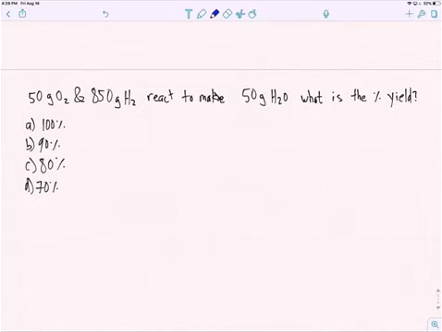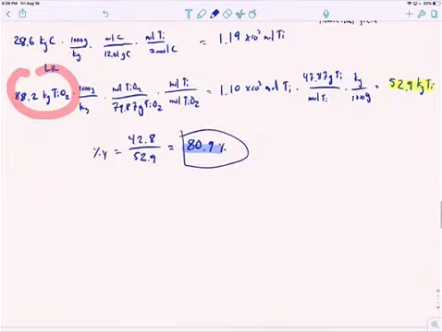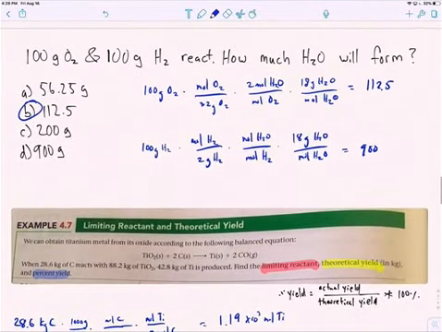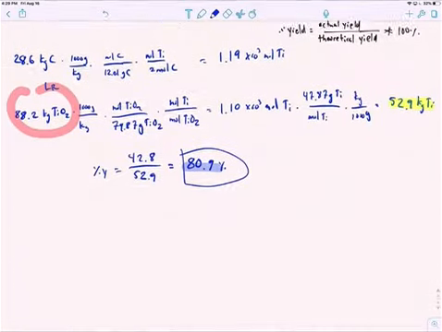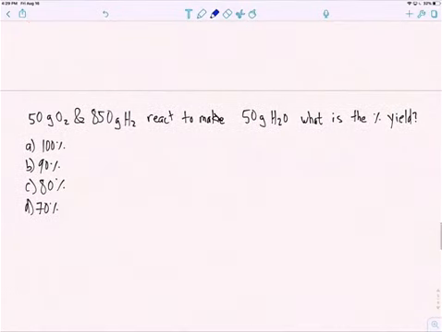Okay, so I did this one on purpose. If you look at the 112.5, this means that 56.25 grams of water is the theoretical yield. You can calculate it if you want, but it's just half of the earlier one.